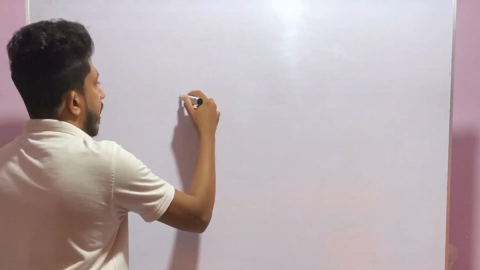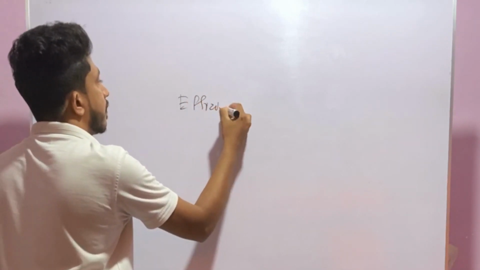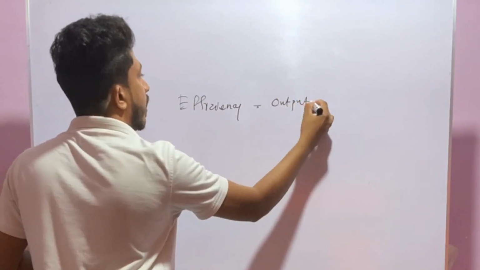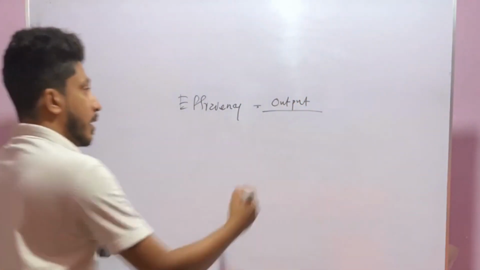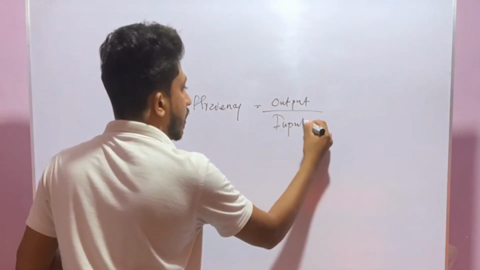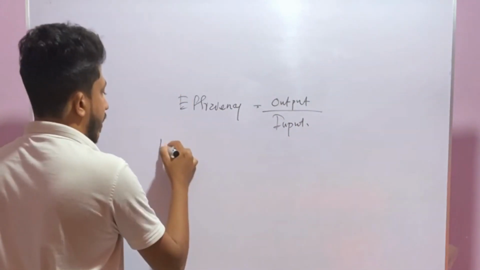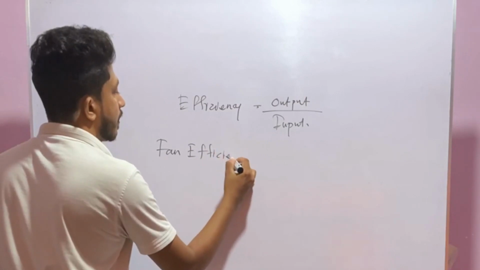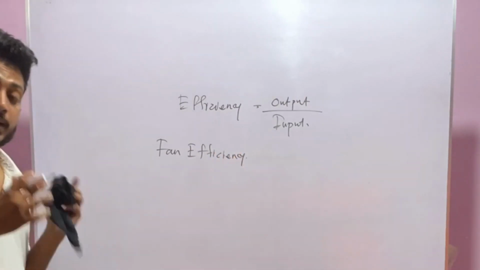So actually, what is efficiency? It is how much output there is compared to input. In fan efficiency, there are two types of efficiencies.